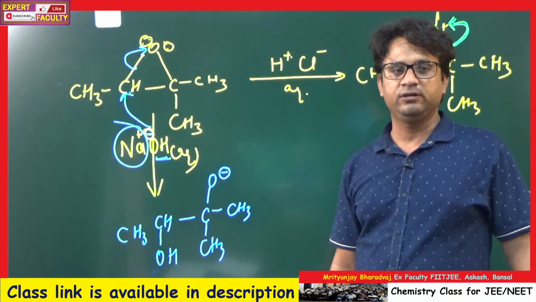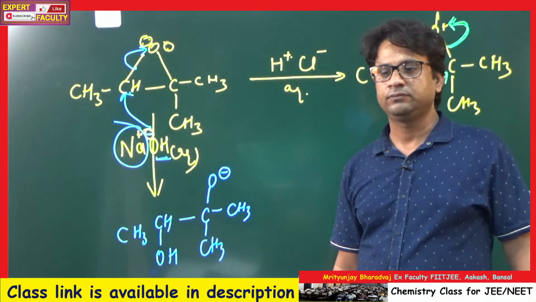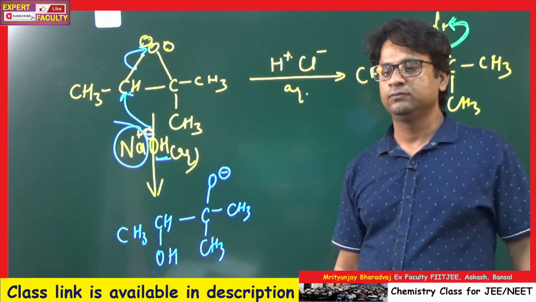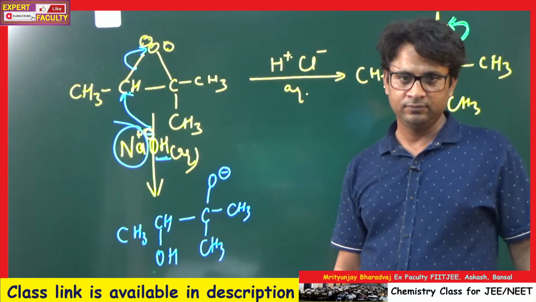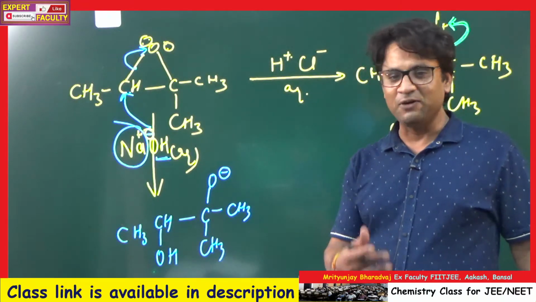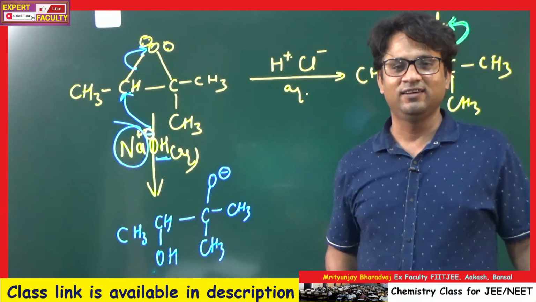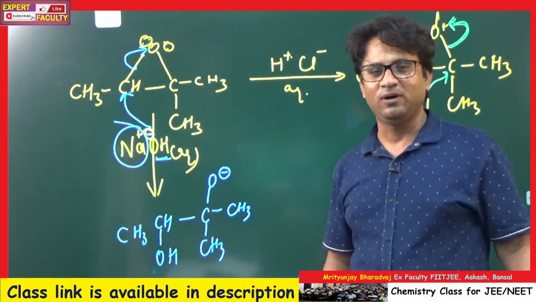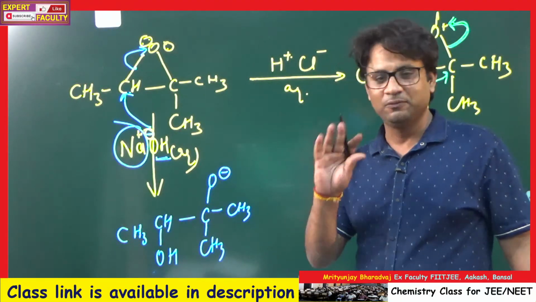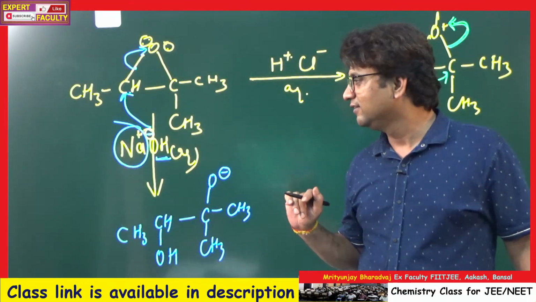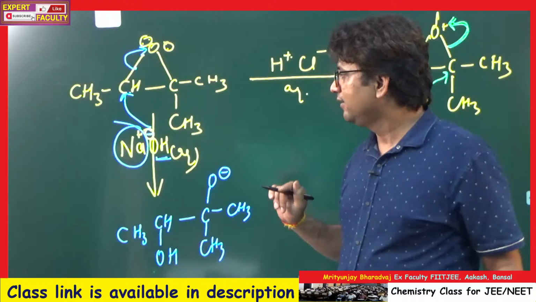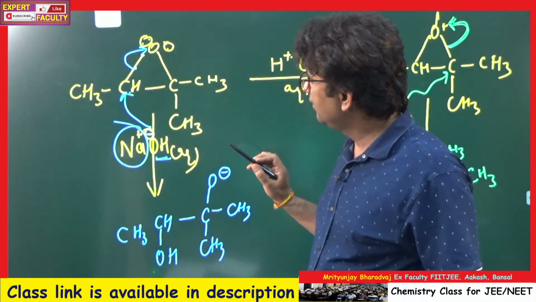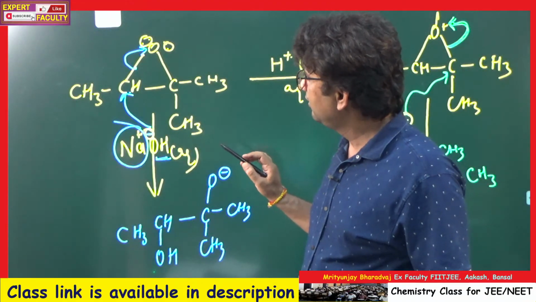Now tell me what you want to add at this point. You are saying something, no? It is clear to you? Still I want to get your point. What do you want to tell, just for the sake of clarity? So, sir, actually what I thought is that in the epoxide, the oxygen will donate lone pair to carbon and carbon will leave hydrogen and form double bond with oxygen.